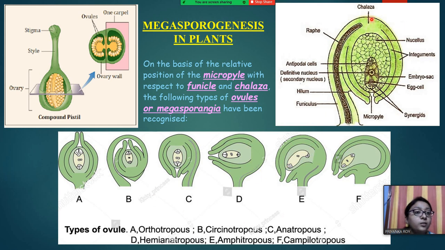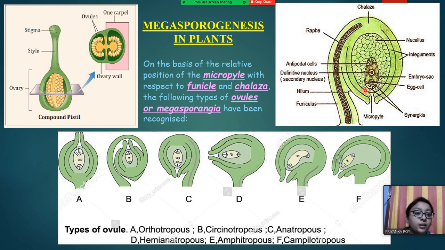The chalaza is the part where the ovule is connected with the funiculus, and this other part is where the integuments are open, the micropyle. This portion is useful when the pollen tube wants to enter the ovule.